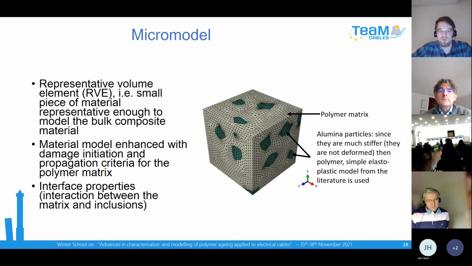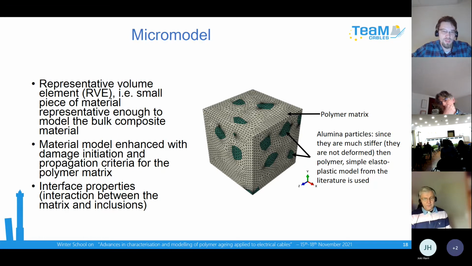It consists of the polymer matrix material and alumina particles. Here we assume that alumina is stiff enough and much stiffer than the polymer, so we just apply the simplest model for it because there are almost no deformations in the particles, but we use this complex model for polymer because everything interesting is happening only in the matrix and between the filler.